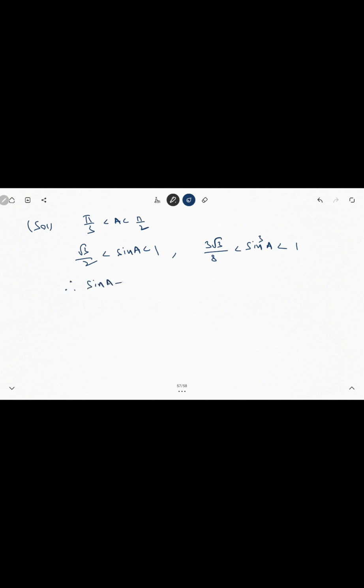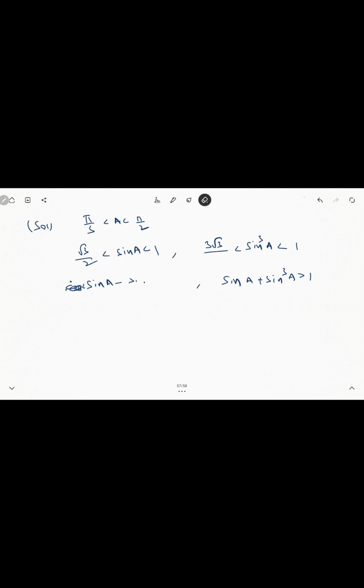Therefore, subtracting these two, sin a minus sin cube a is less than 1. I mean, as a fraction it is between 0 and 1. If you add these two, sin a plus sin cube a is more than 1. Clear?